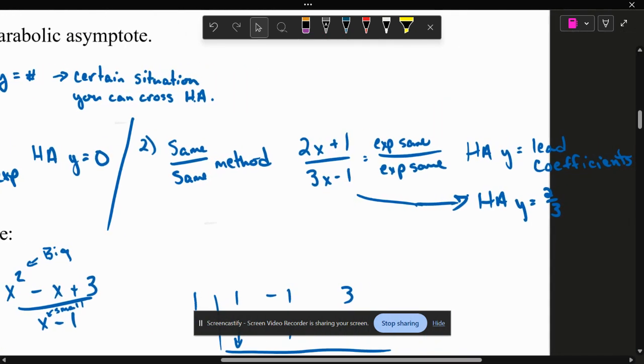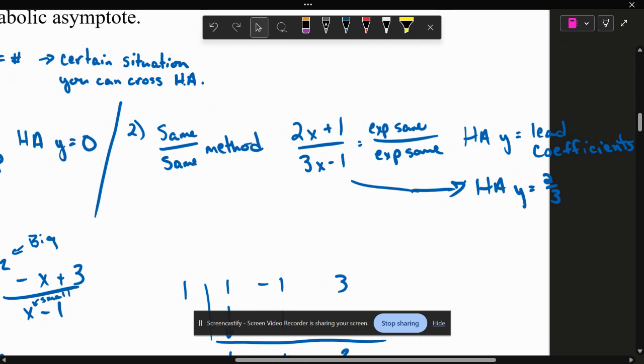The next method is called the sames method. I made this up, so the names are weird. Same exponent on top and the same exponent on bottom means that your horizontal asymptote will be y is equal to your lead coefficients.